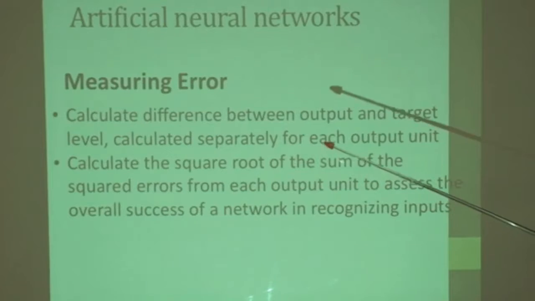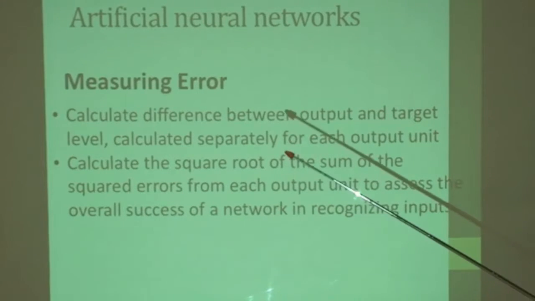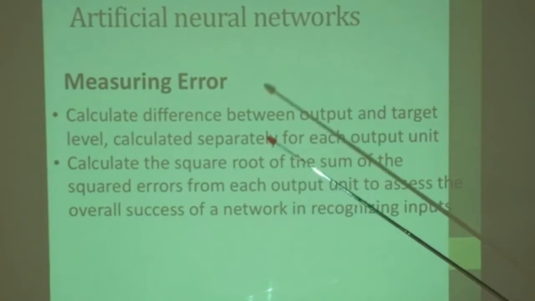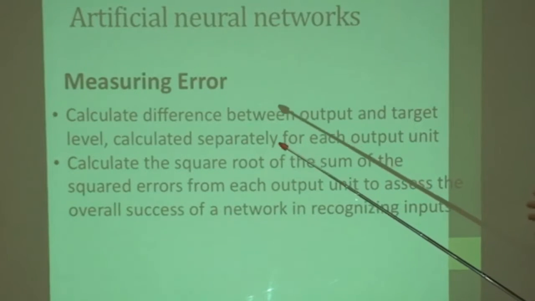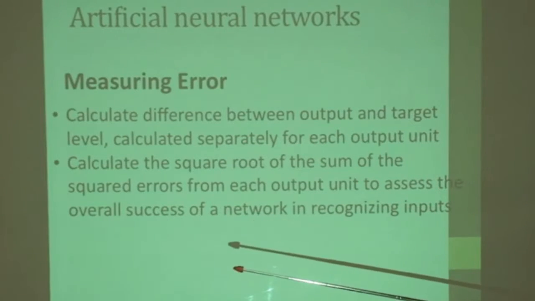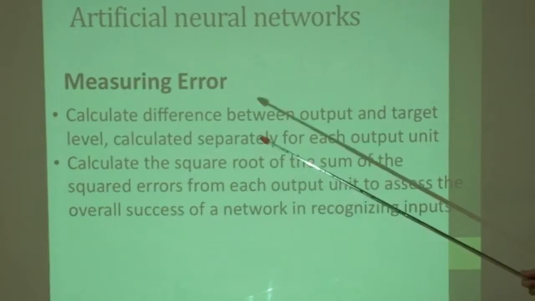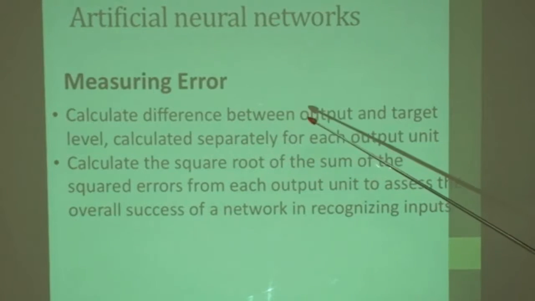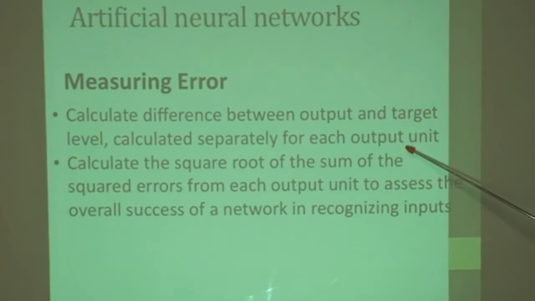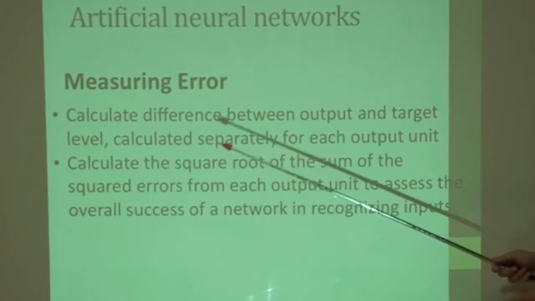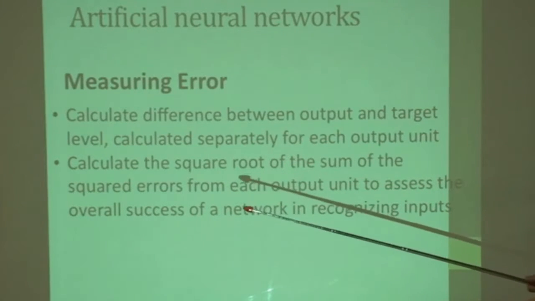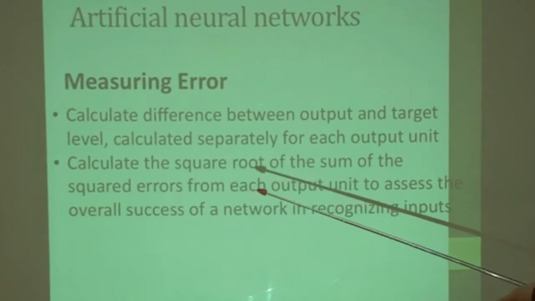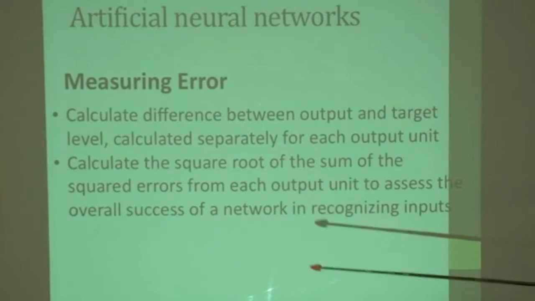And the next one is measuring the error. This is also very important for adjusting the weights of the connections. And usually there are two kinds of methods. The first one is we just calculate the difference between the output and the target label, and we calculate this kind of error for each separate output unit.